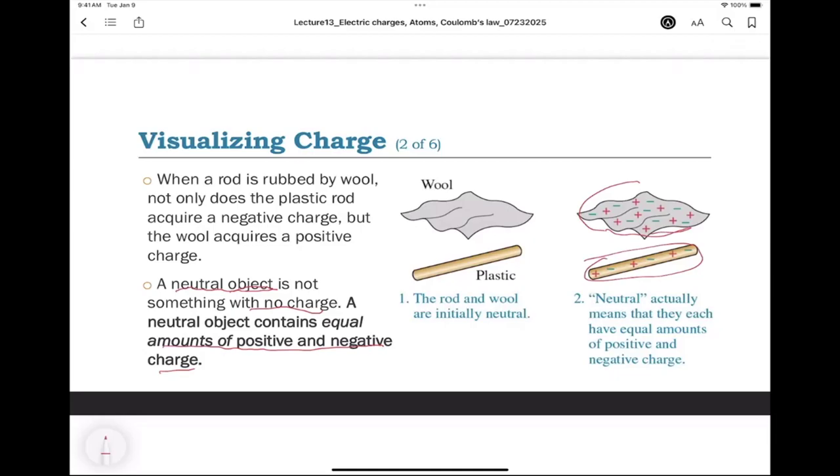That doesn't mean there is no charge. For this wool and this rod, the amounts of positive and negative charge are equal. Did I tell it clearly? So neutral actually means that they each have equal amounts of positive and negative charge.